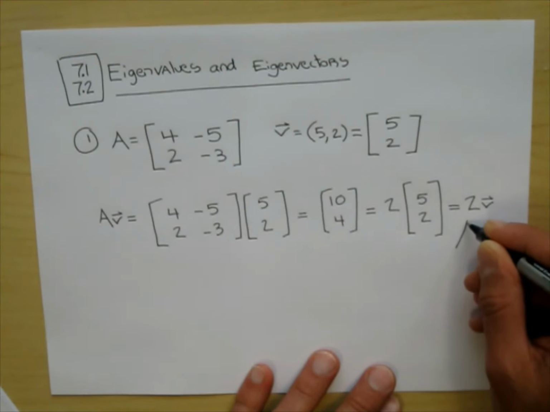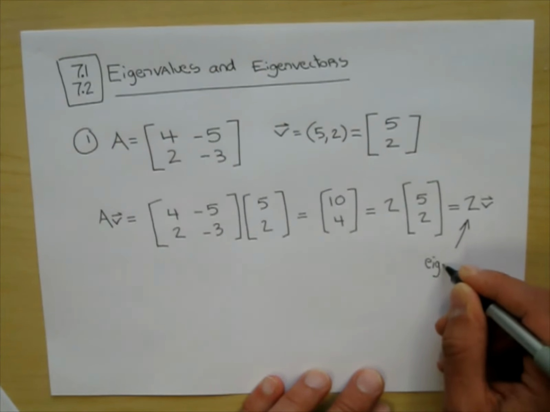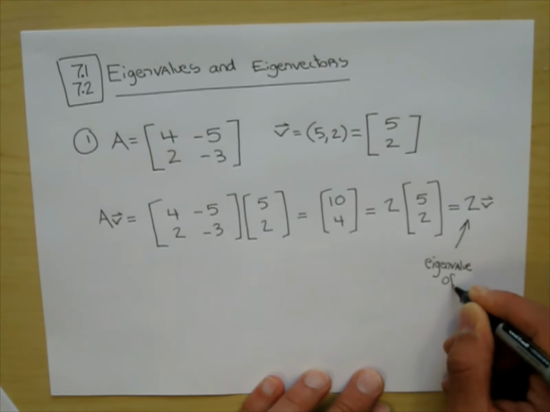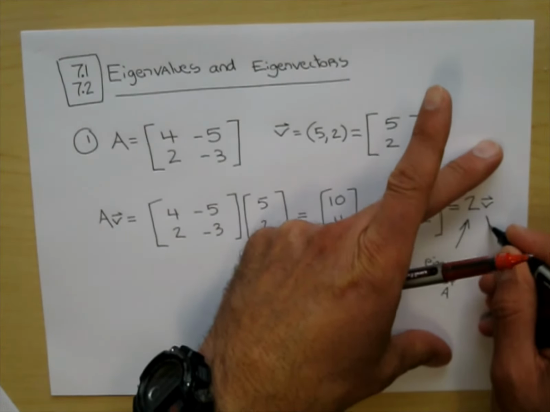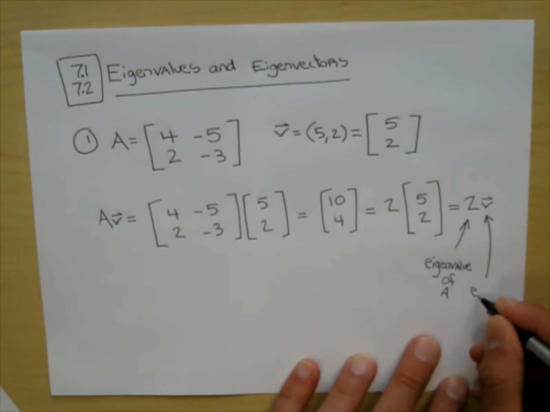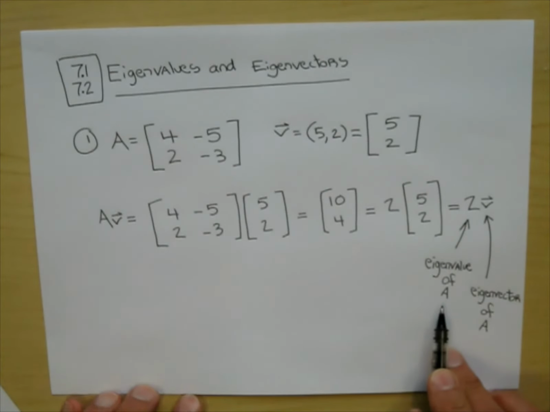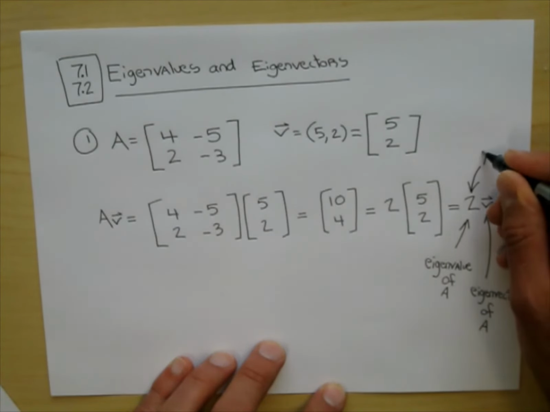When that happens, this number, this scalar, has a name. It's called an eigenvalue of A. The vector V also has a name, and you may have guessed, it's called the eigenvector of matrix A. This eigenvalue of A, lots of times when we don't know what it is, we call it lambda.